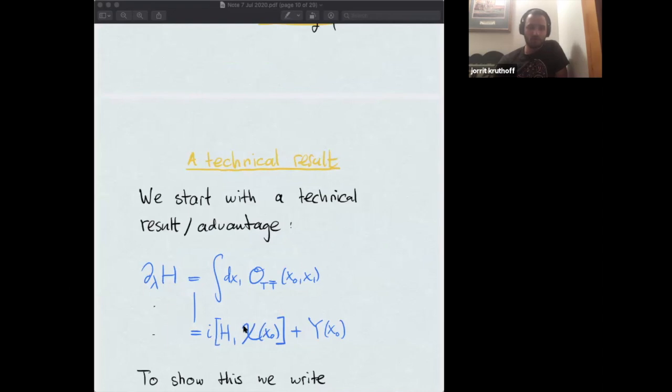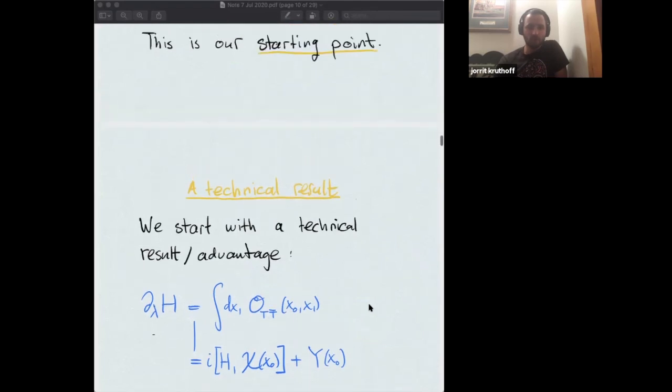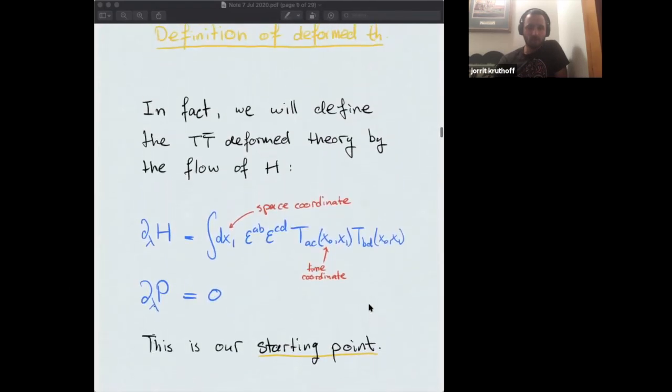It's a commutator of the Hamiltonian with this chi operator and this y piece. So I think this is a well-defined Hamiltonian. But let's see, the question you want to ask is, if I bring these T's close, there are derivative terms.